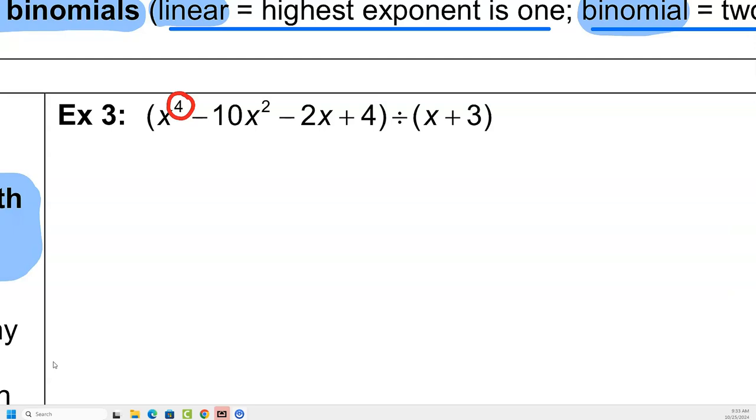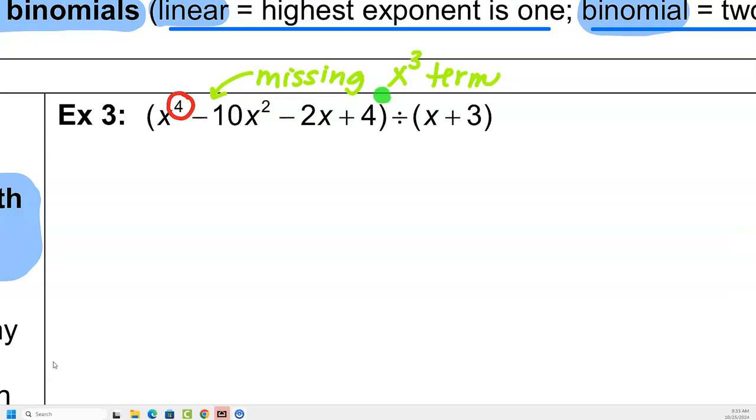Is there an x to the third? Oh, it's missing x to the third. So I'll just write an arrow here and I'll say missing the x to the third term. Okay, you have to keep going because you can miss more than one term. Is there an x squared term? Yep. Is there an x term, x to the first?